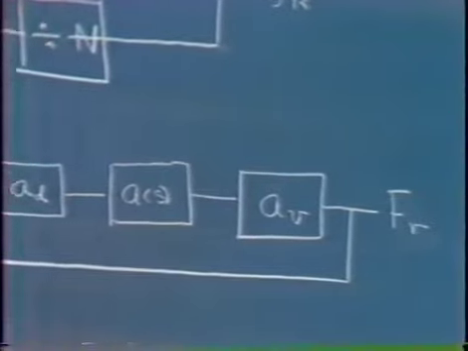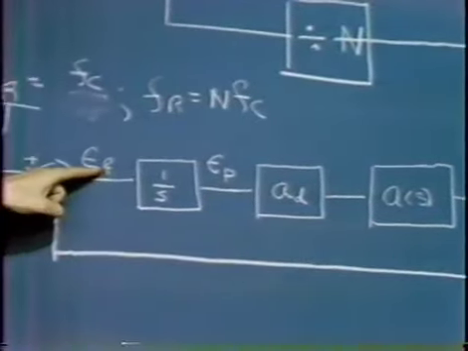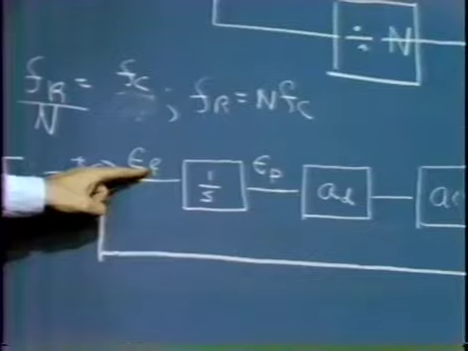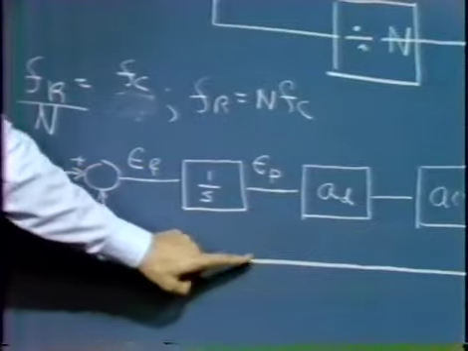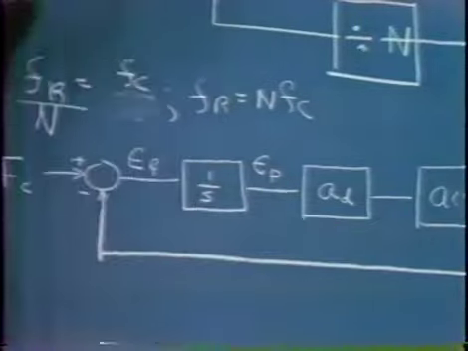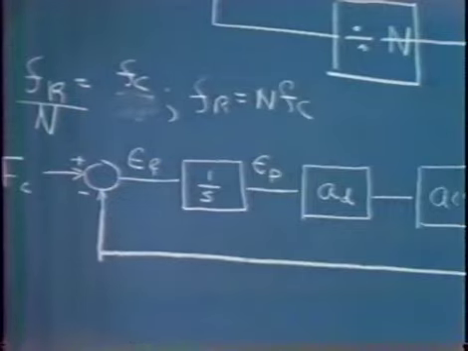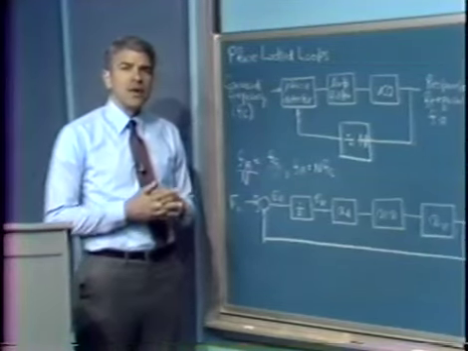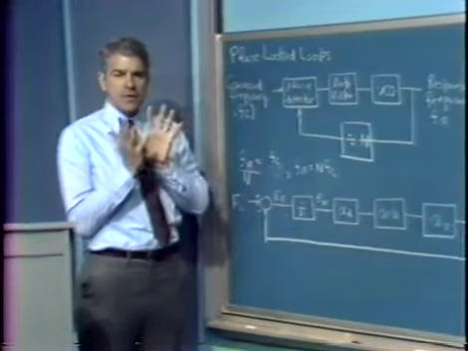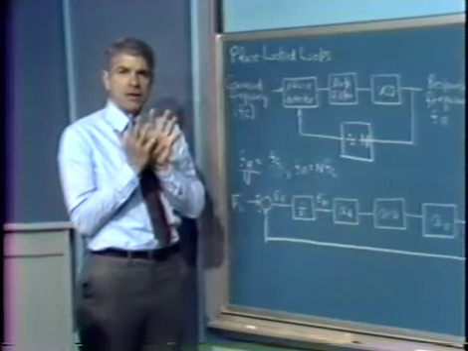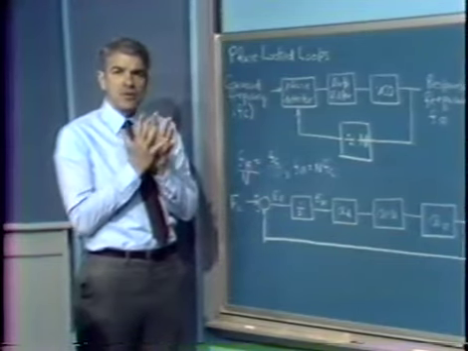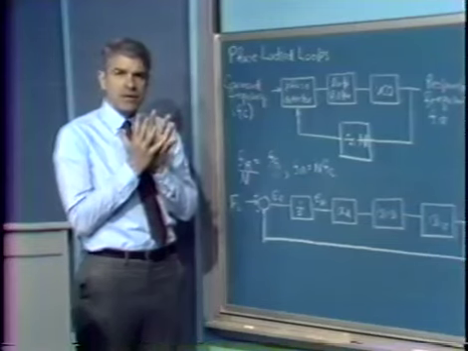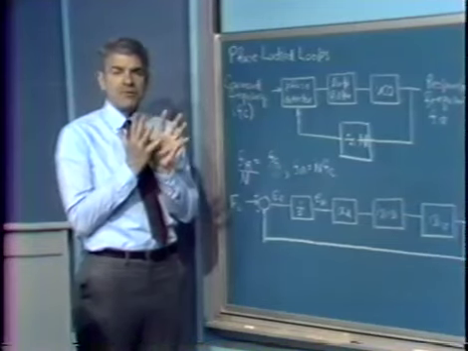But this is a frequency quantity. This is a number that tells us the number of cycles per second difference, for example, between this signal and this signal. But our phase detector doesn't measure frequency, it measures phase. And of course, phase is simply the integral of frequency. If we have two signals that differ in frequency by some amount, their relative phase changes linearly with time, providing the two frequencies are different but each constant.